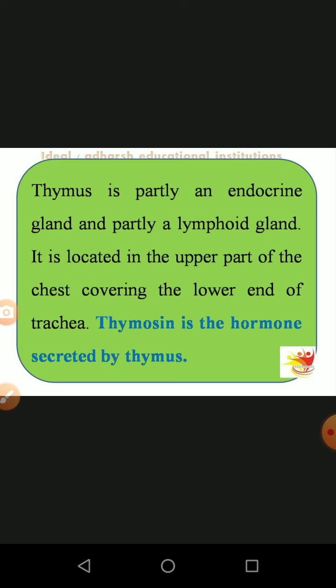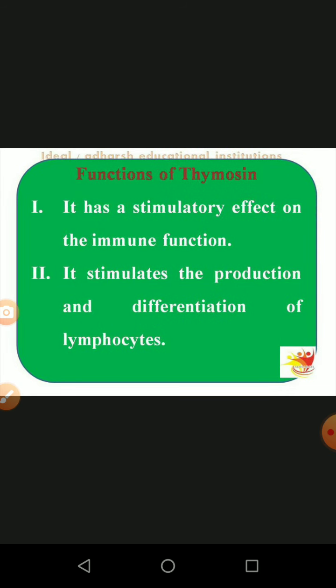The thymus gland secretes a special type of hormone that is called thymosin. So this hormone is secreted by the thymus gland. The function of thymosin is that it stimulates the immune system. So one more question: the endocrine gland which has contact with the immune system is called the thymus.